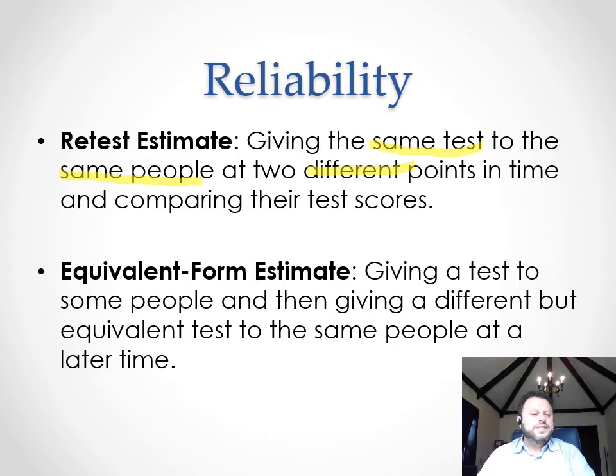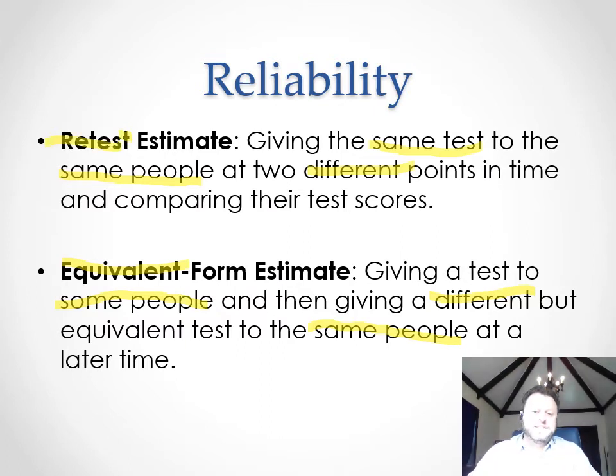Equivalent form test, same thing, but I don't give you the same test. I give a test to some people, and then I give a different but very similar test to the same people. So it's still the same people, different times, but whether it's the same test or a similar test is the only difference, right? Whether it's an equivalent test or a retest. And that's really how we determine reliability.